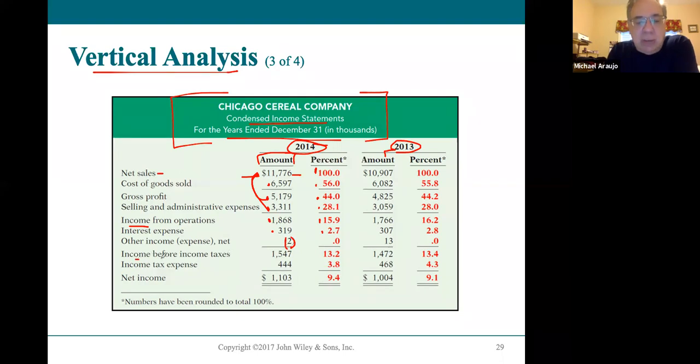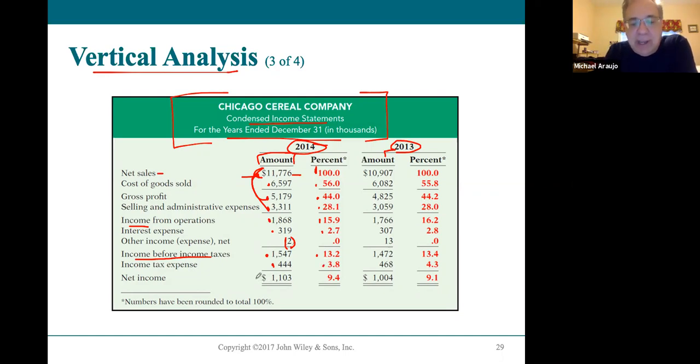Your income before income taxes, that's your profit before your taxes, was $1,547 on 11,776. That's 13.2% of all the revenue is your income before tax. You paid $444 of tax on 11,776 of revenue. That's 3.8% of your revenue was sucked up in tax.